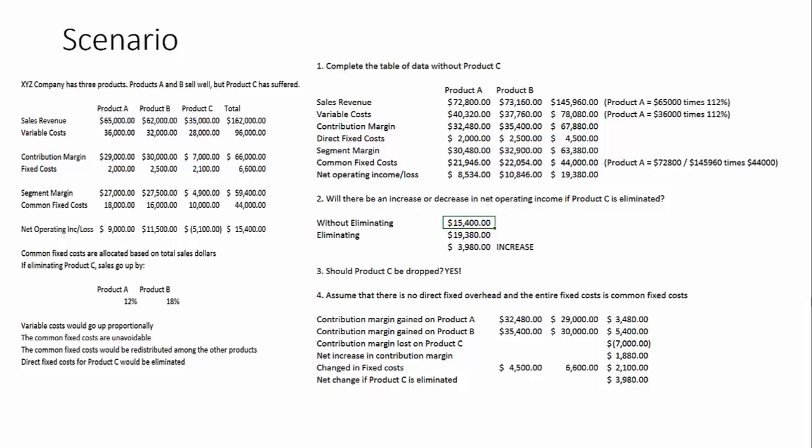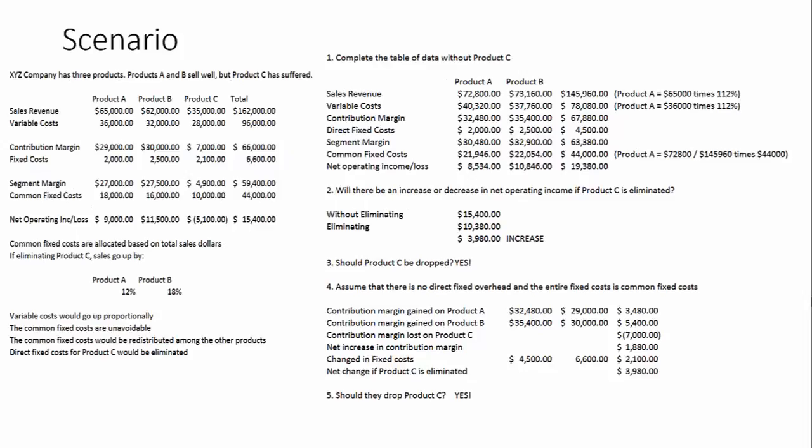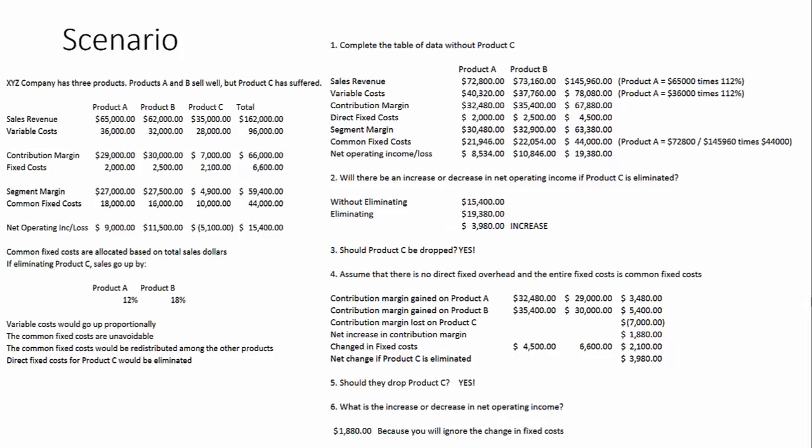That is the $1,880 plus $2,100. So should product C be dropped? Absolutely. And then finally, what is the increase or decrease in net operating income? It's $1,880 because you will ignore the change in fixed costs.